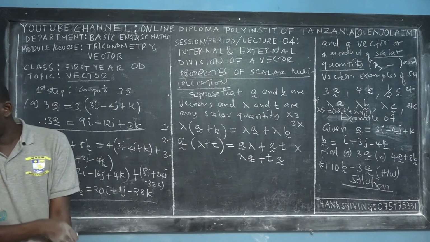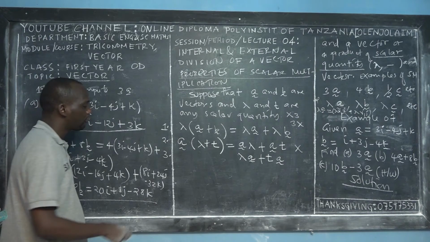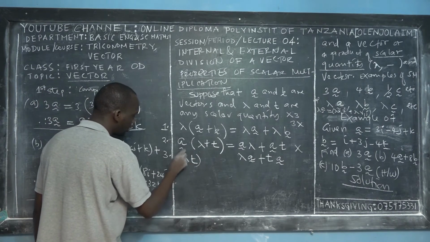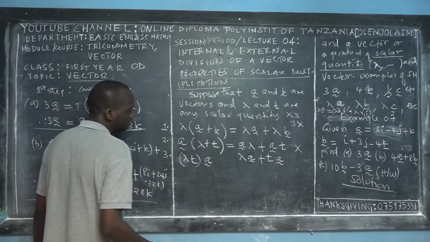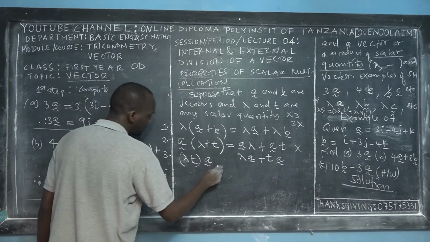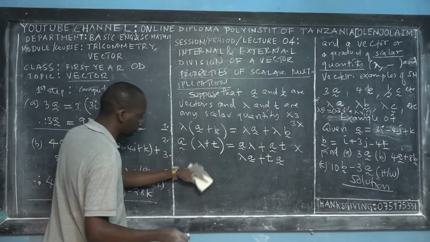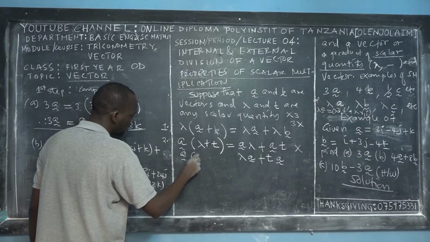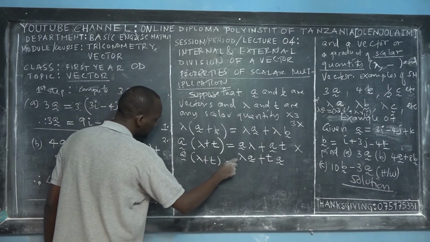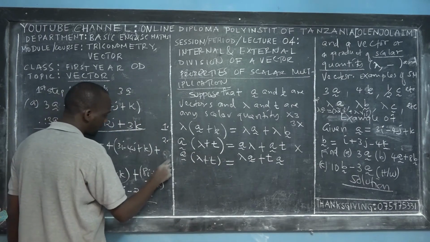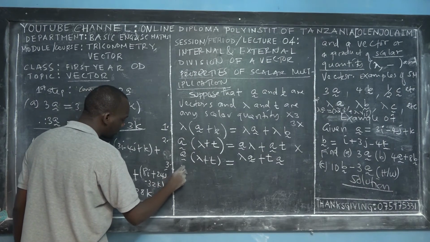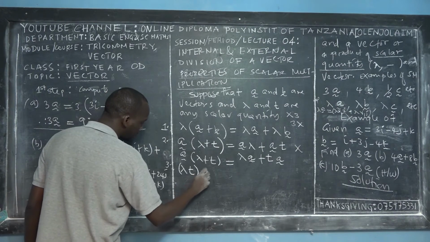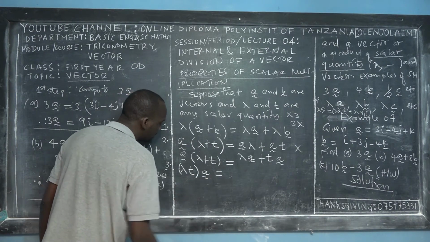Then we have a third property. What if we have a product of two scalar quantities, lambda times T, multiplying vector A or vector B? Suppose you have the product of the two scalar quantities lambda and T times vector A. What will happen here?